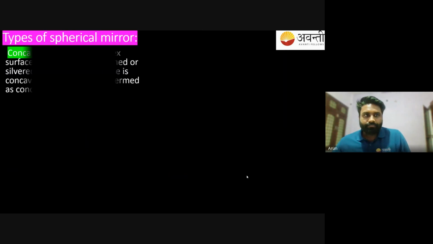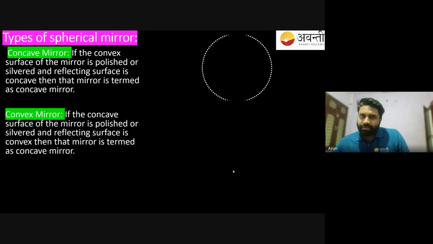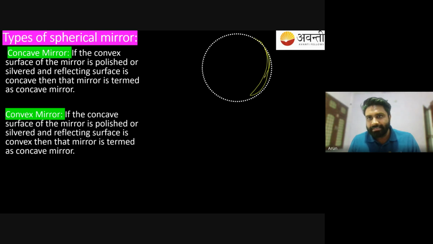Now the definition of the concave mirror and the convex mirror also. For the concave mirror, this is the surface that we have, and we have polished the outer surface. So this part is now the reflected one. This is the concave mirror that we have.